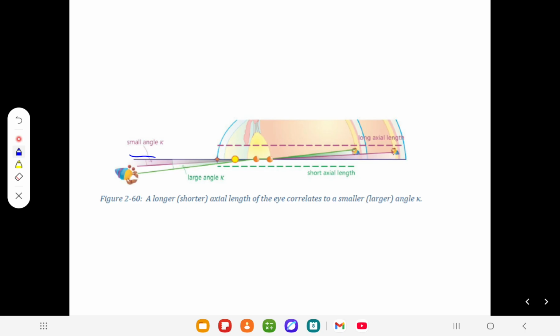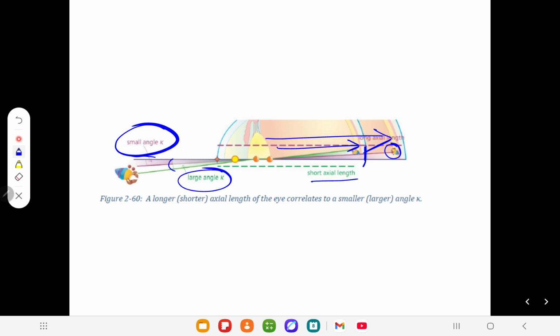You know that in myopia the axial length is longer, and in hyperopia the axial length is shorter. That's why, whenever we talk about angle kappa, especially in refractive surgery: in hyperopia, when the axial length is shorter, angle kappa is always larger.